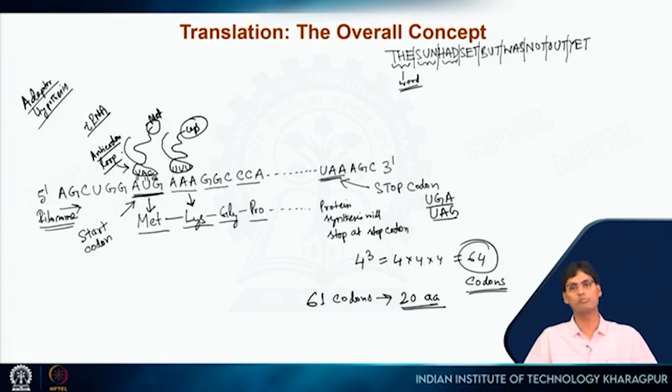So codon anti-codon recognition is actually dropping the correct amino acid at the site of translation. And then some catalysis is happening. But in the next slide I'm going to discuss a little bit and add something more here, but this is the basic schematic, the basic explanation of how protein synthesis is happening.